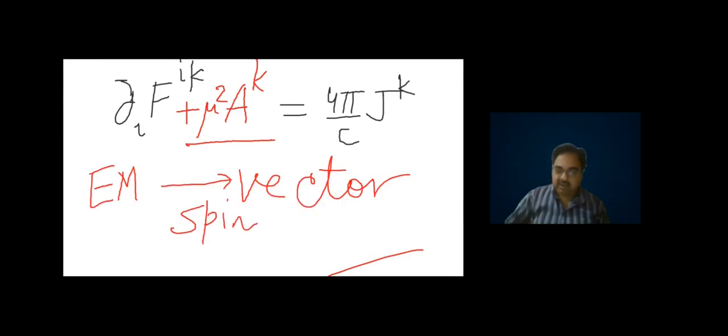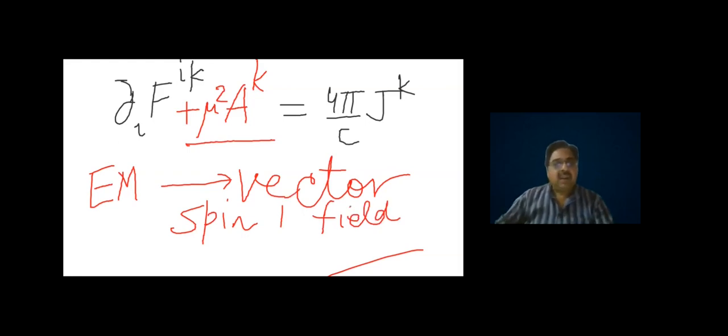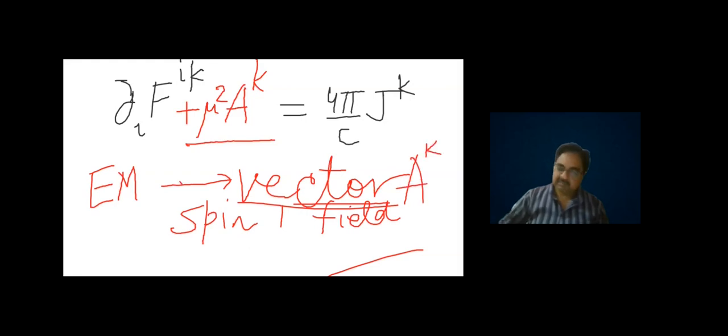In quantum field theory, we call it a spin 1 field, because the photon has spin 1, and it is a vector field because it is described by the vector potentials, which are like A_k. This is a very common nomenclature in the entire physics.